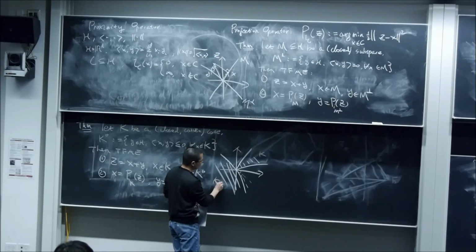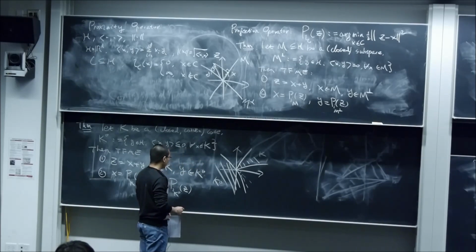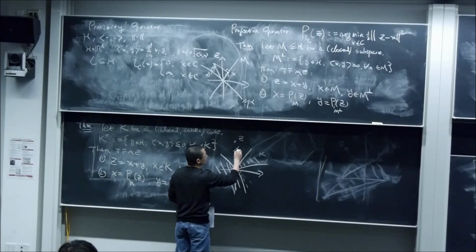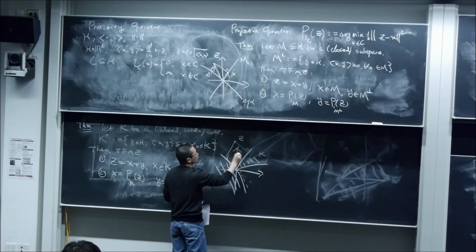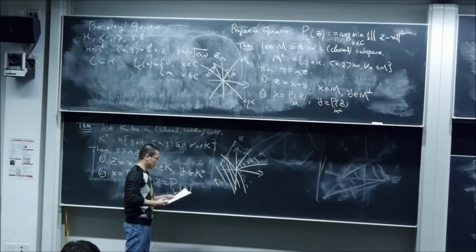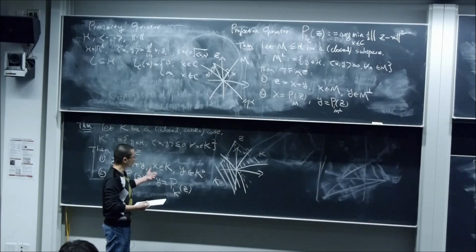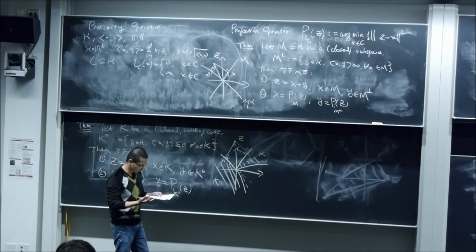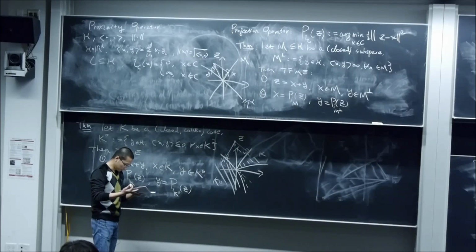This is my polar cone. And again, the theorem says you take any point Z, and if you project to the cone and to the polar cone, you get x and y. If you sum them, you get Z. So this is a strict generalization of that because a subspace, of course, is a cone. It's the best cone you can have.